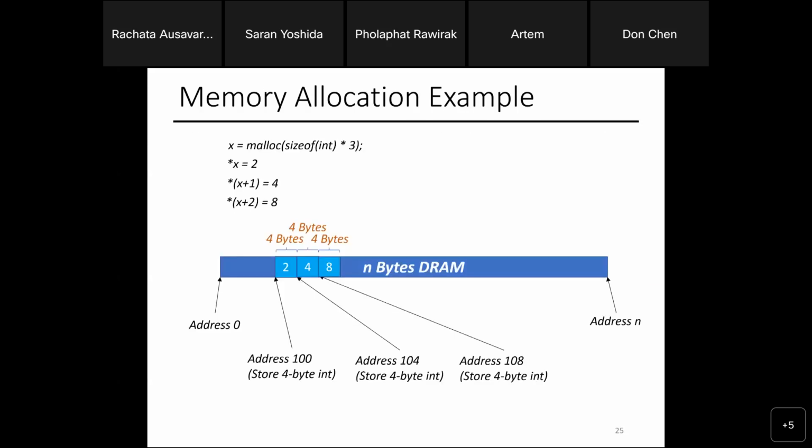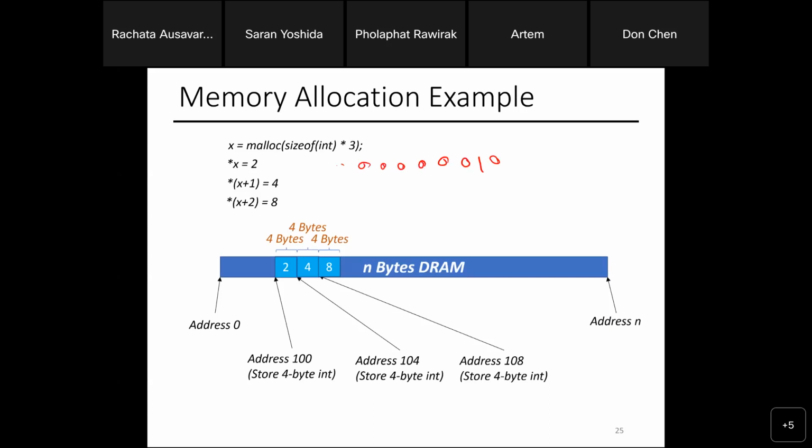How does it store a 2-digit number? Well, 4 bytes is a big area. It stores up to multiple digits. Basically, the way it works: number 2 is 10 in binary, right?